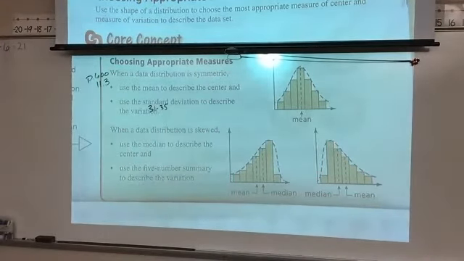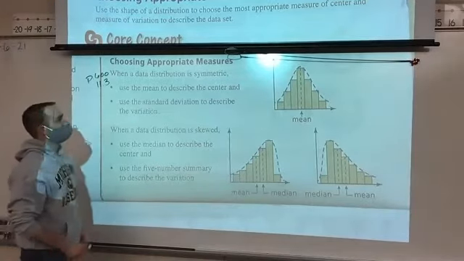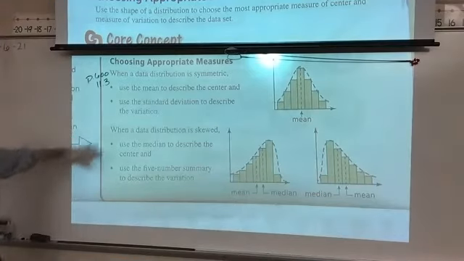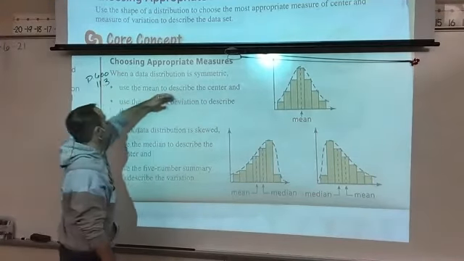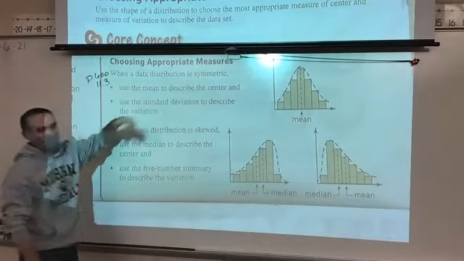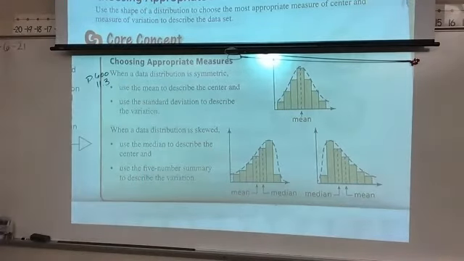What is the best way to describe data based on what type of distribution we have? Okay, so I wouldn't write it word for word, but I would definitely have, all right, this is symmetric, I'm using the mean, I'm using standard deviation. Have the main points down in your notes about it, because like I said, you will be seeing this a lot on the homework tonight.